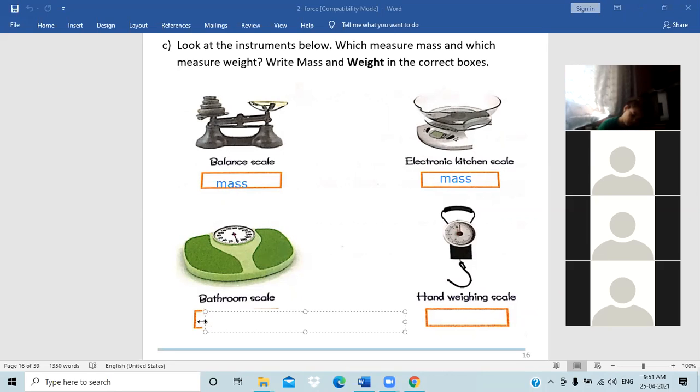You stand on it. Yes, exactly. So it measures what? Mass. Mass, very good. And the last one, hand weighing scale. Do you put things on it or do you hang stuff in it? We hang stuff in. So it measures? Weight. Weight, excellent. Thank you so much, Jaida.